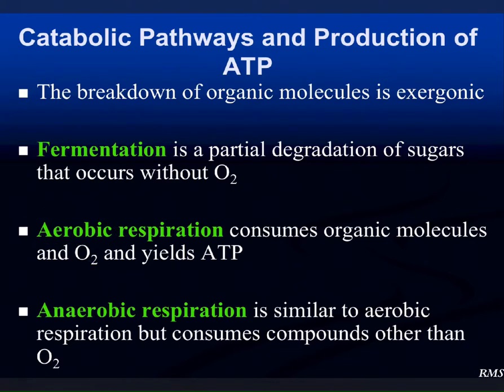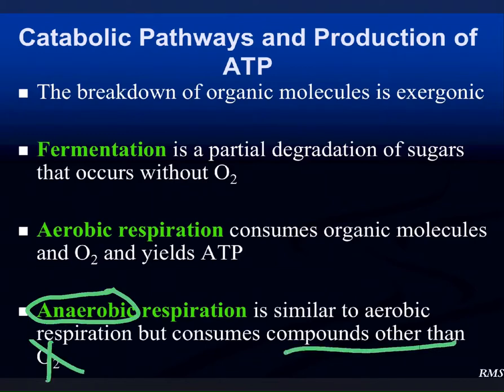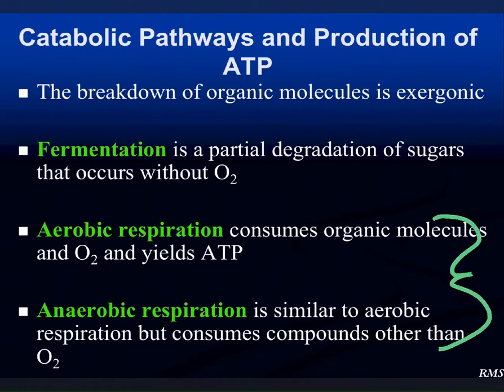So aerobic respiration will use oxygen, and then there can also be anaerobic respiration that does not use oxygen, so compounds other than oxygen. Anaerobic without oxygen, aerobic with oxygen. At the end of the day, when we look at cellular respiration, it's actually both these pathways here built together into one.